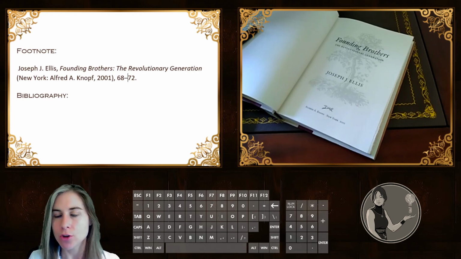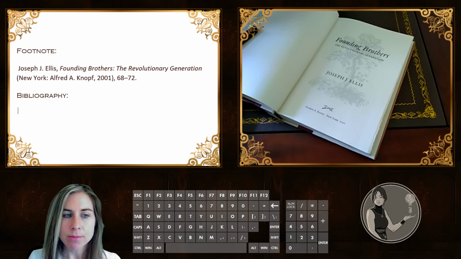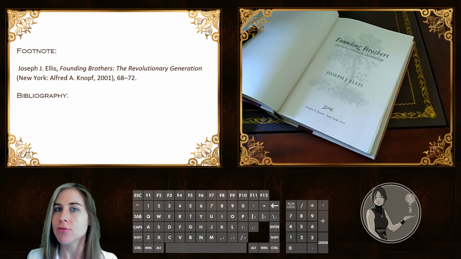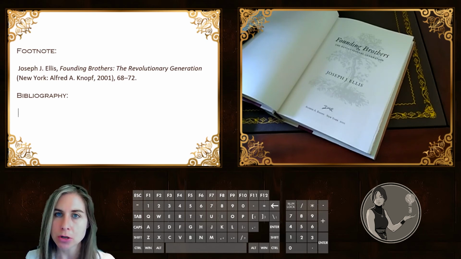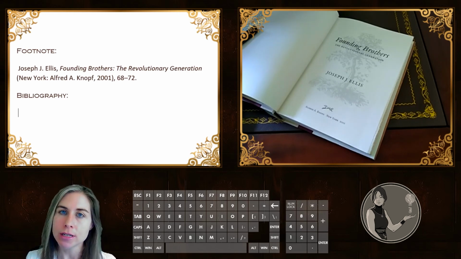Now that we have our footnote, it's time to create our bibliography entry. Now, as I said before, the bibliography has a different function than the footnote. It's only used once, and it exists in a long list of all the books and articles and websites that you've used in your essay. Now that list is alphabetized by the last name of the author.